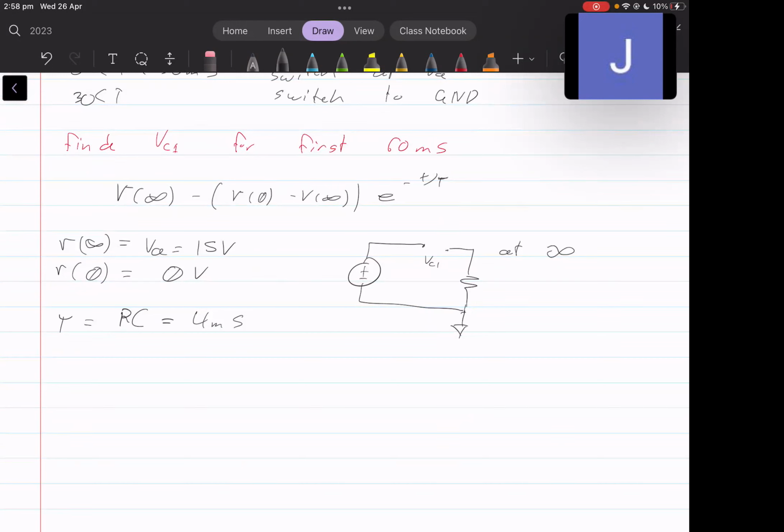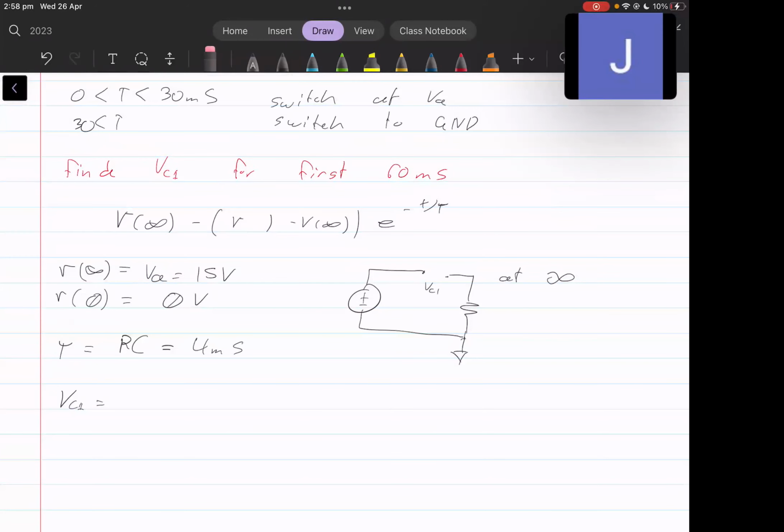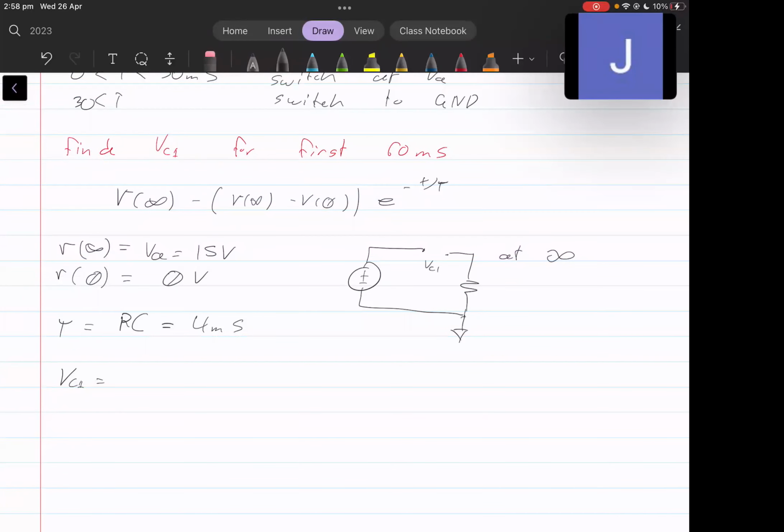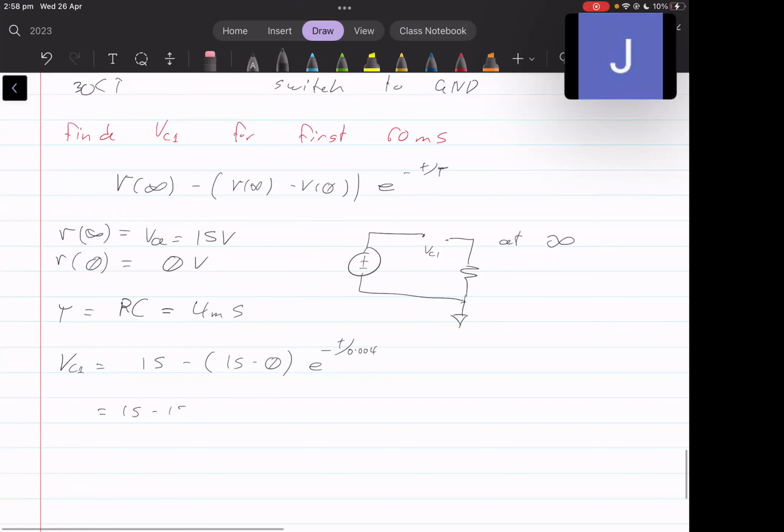So our final equation is going to be, I have these backwards, minus 15 minus, and that's going to be the answer for part 1 of this.